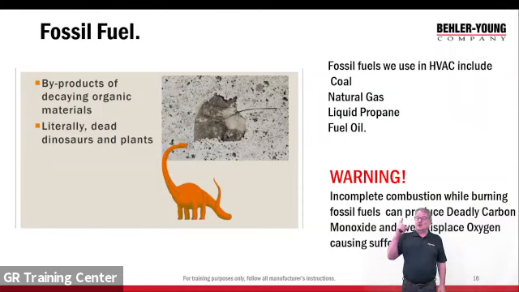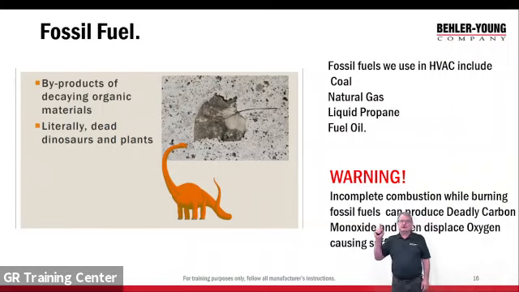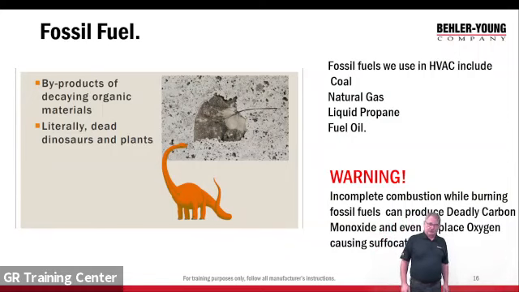We use coal, which is still used and still very inexpensive, but obviously very dirty. We're using less and less, mostly in power plants. Natural gas is a naturally occurring gas, like its name. Liquid propane is a byproduct from crude oil. And then of course, fuel oil, which is also crude oil based. They're all fossil fuels, all carbon based, created from decaying plants and animals.